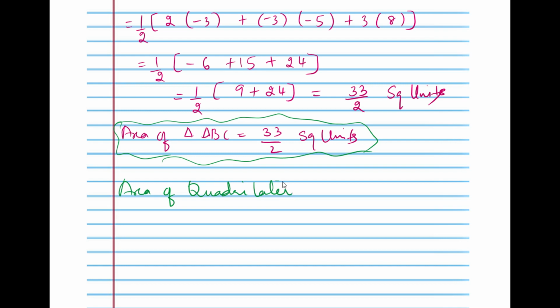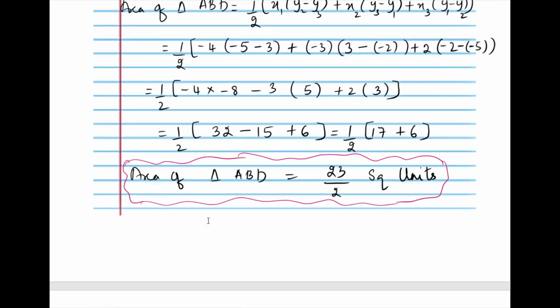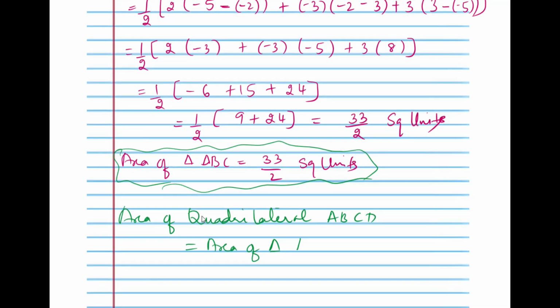Area of quadrilateral ABCD equals area of triangle ABD plus area of triangle DBC.